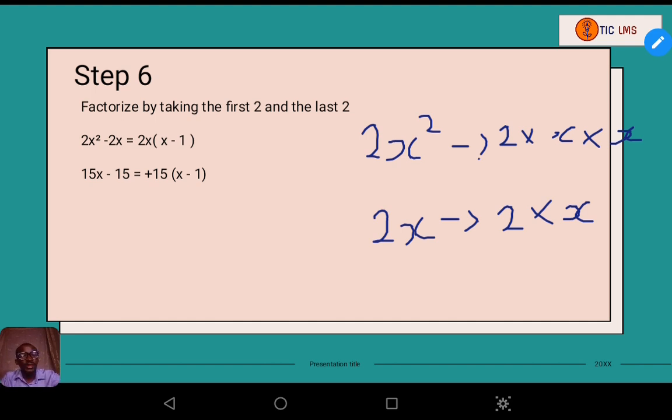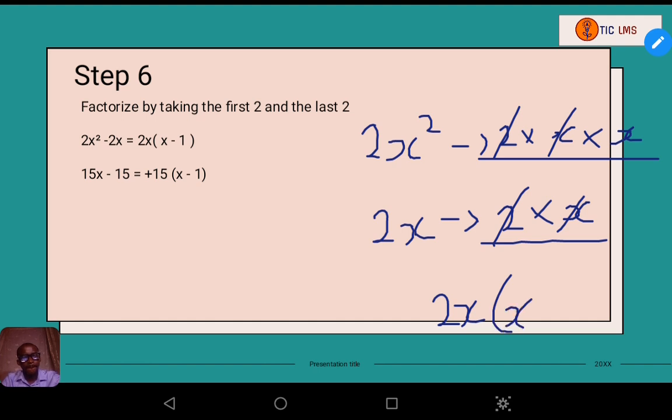Now, look at these numbers that we've multiplied to get 2x squared and also 2x. Now, 2 is common here. Bring that out because that's a common factor. We have x is common here because that's also a common factor. Now, what do we have left? We have x here, and then we have nothing here. So, put 1. And then in between it, you have your negative. The negative is coming from what you actually have here. Okay? So that is how you arrive at 2x, open bracket, x minus 1.